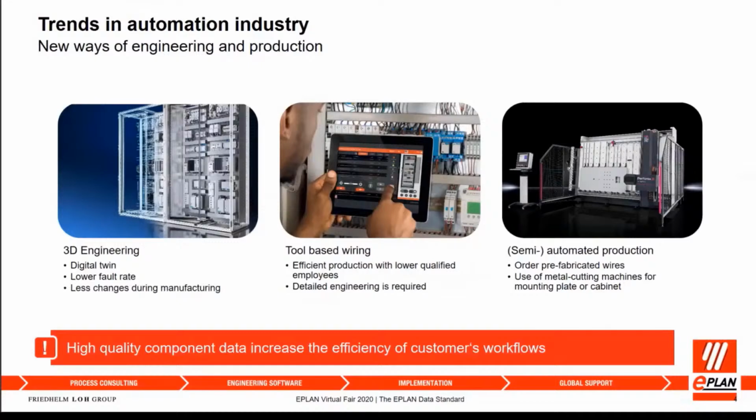And another solution EPLAN offers is, for example, tool-based wiring. It's so-called EPLAN Smart Wiring, which helps the customers, the panel builders, to have a very efficient production with low qualified employees. So you do not need, as a producer, to read the whole schematic, 200 pages of EPLAN project, to get all the information you need to wire the cabinet in a tool.